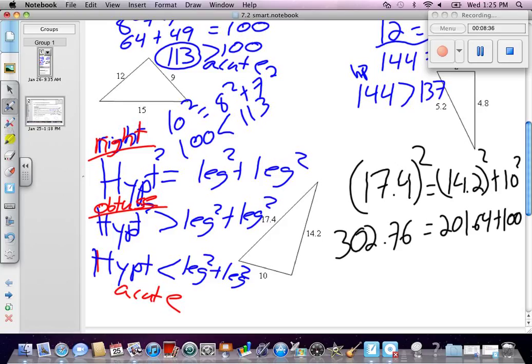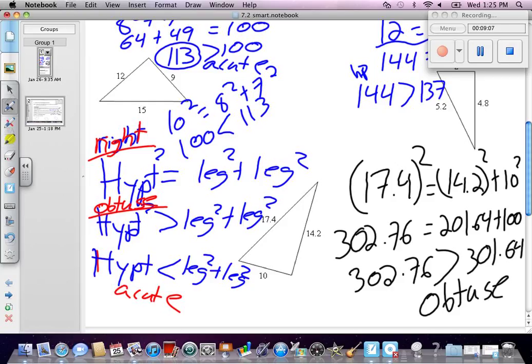So we get 302.76 equals 201.64 plus 100. And we get 302.76 and 301.64. So which one's bigger? 302.76. The hypotenuse is bigger, so it is obtuse.